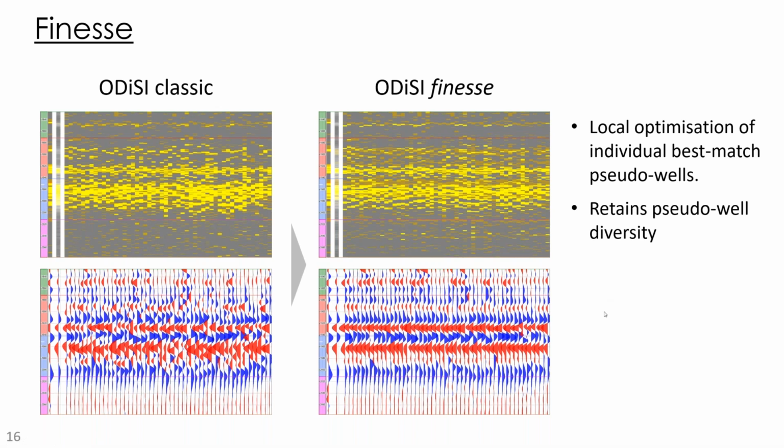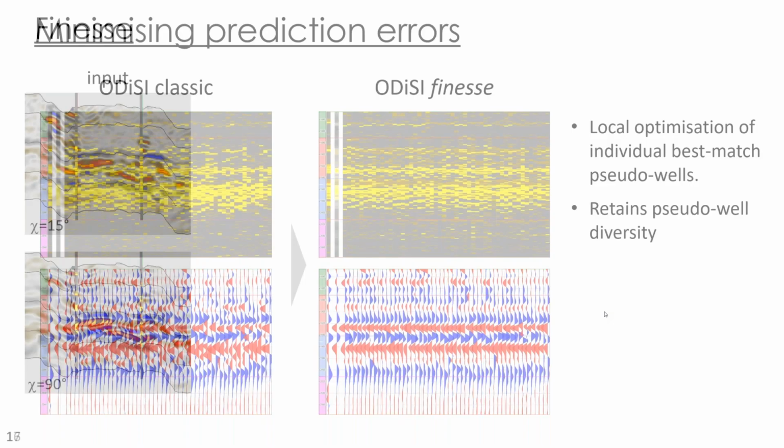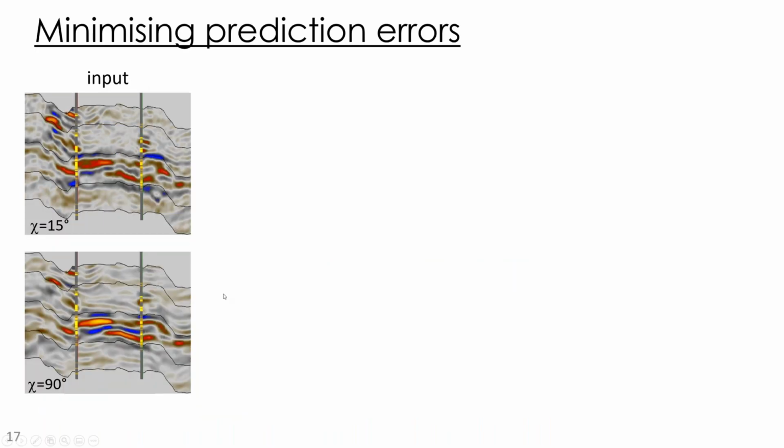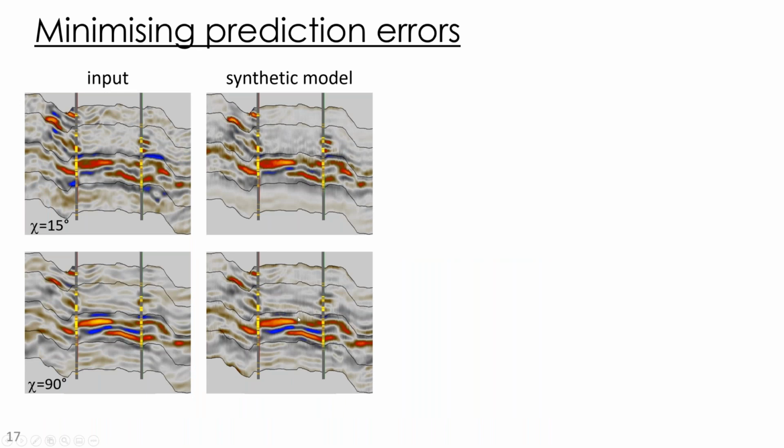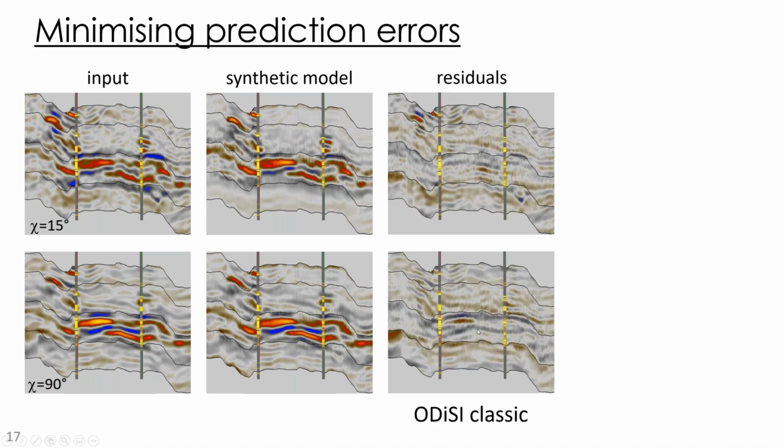If we think about prediction errors, here's our input data for that data set. It's a simultaneous inversion in this case with a chi-15 and a chi-90. Internally, we build a synthetic model, this is the average of the synthetics, and visually it's a pretty good match. Now with ODiSI Classic, these were the size of the residuals, which is not bad, to be fair.